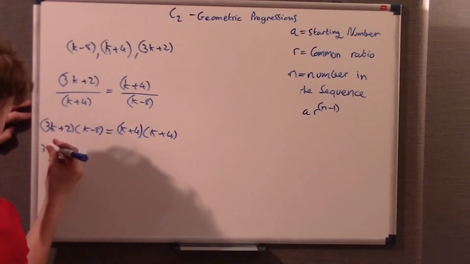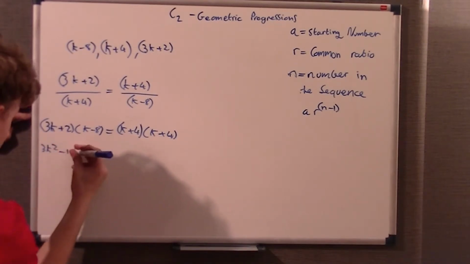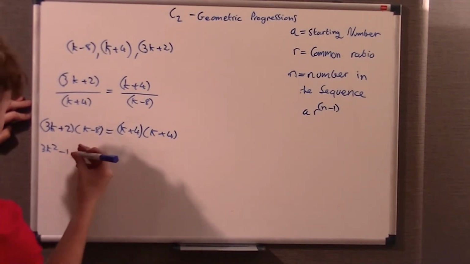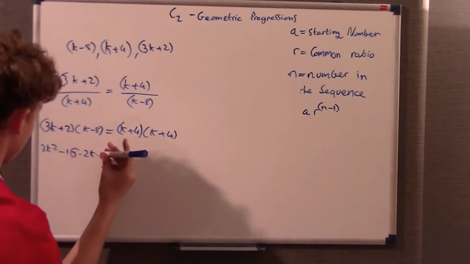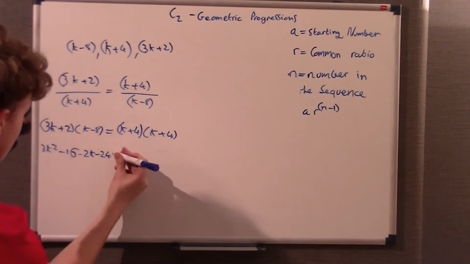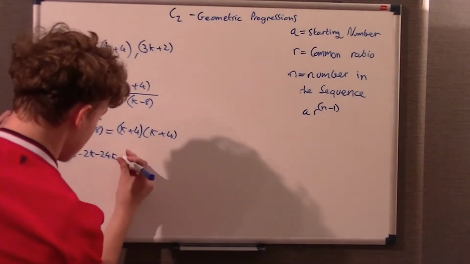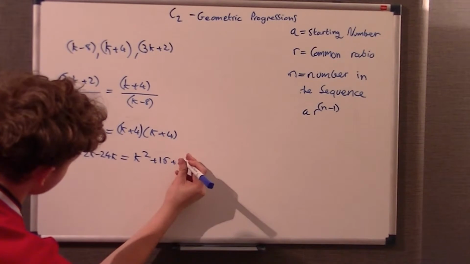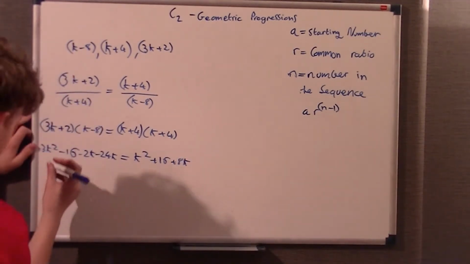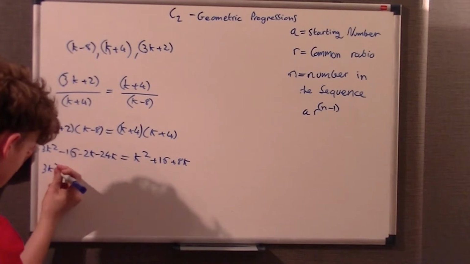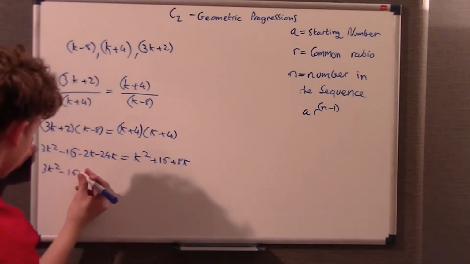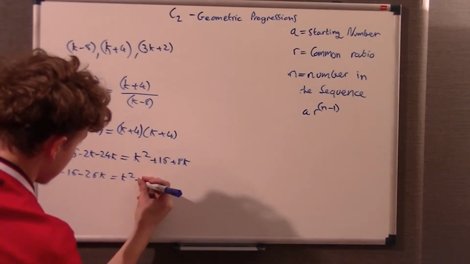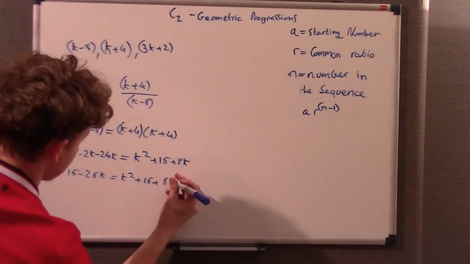Expand both these brackets so we get 3k squared, take 24k, plus 2k, take 16, equals k squared plus 16 plus 8k. Simplify that down if we can. 3k squared, take 22k, take 16, equals k squared plus 16 plus 8k.